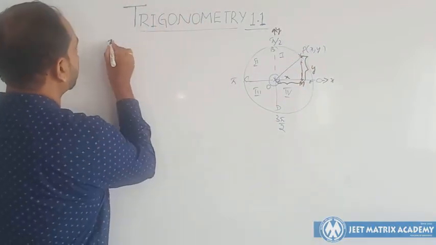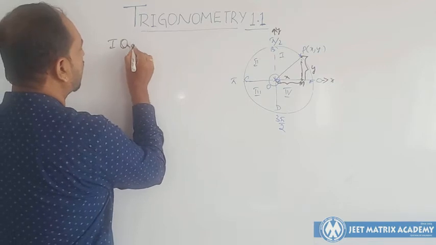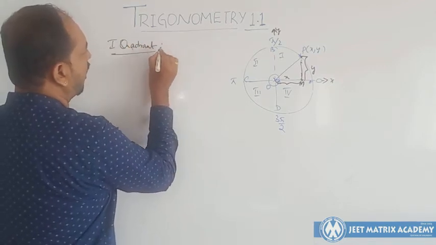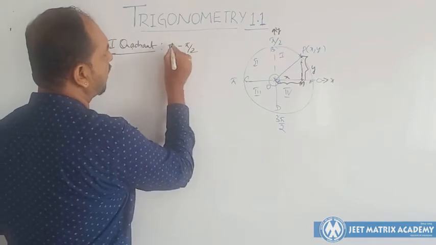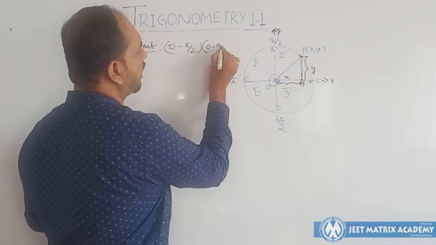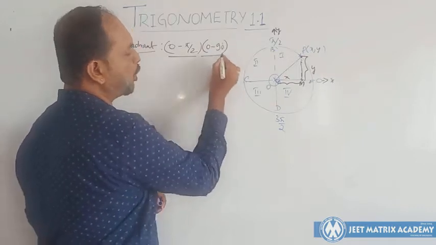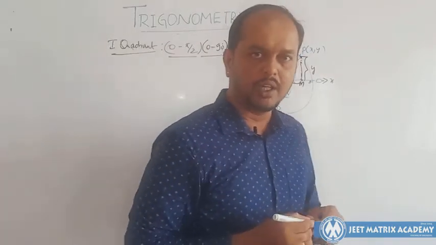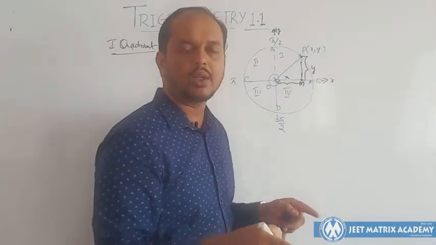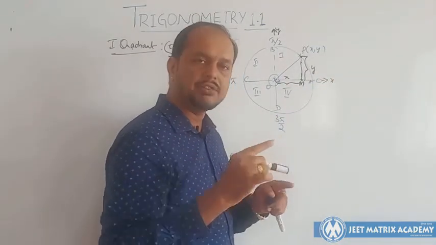So the first quadrant is always 0 to pi by 2 in radians, or similarly 0 to 90 degrees. Both notations you are supposed to remember.